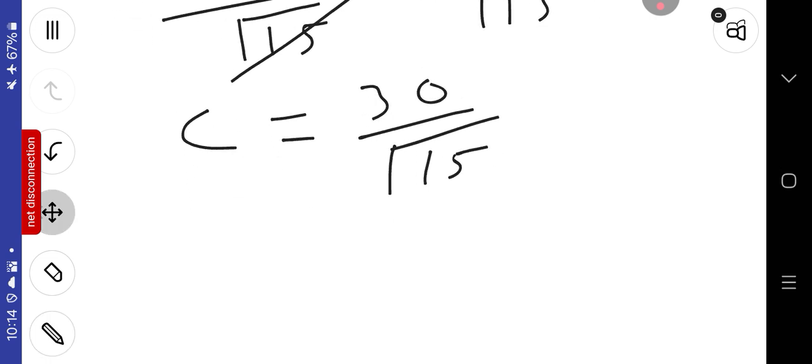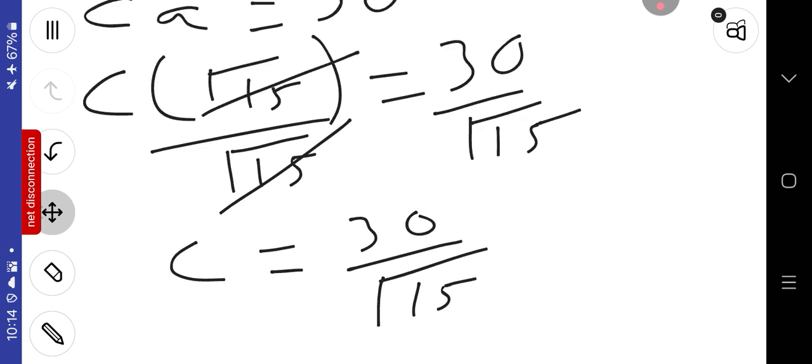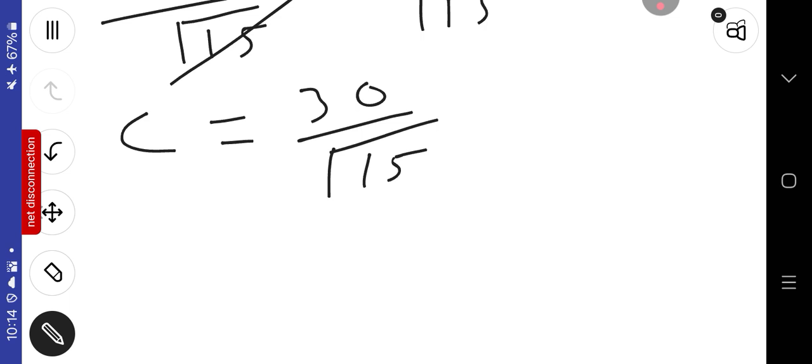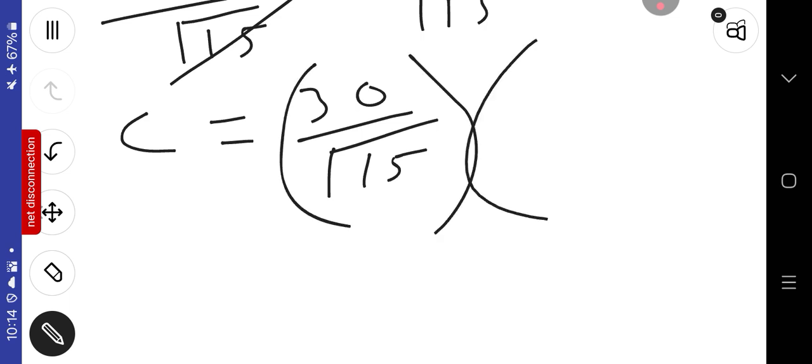Now we are going to rationalize. So you're going to multiply by the square root of 15 over the square root of 15.